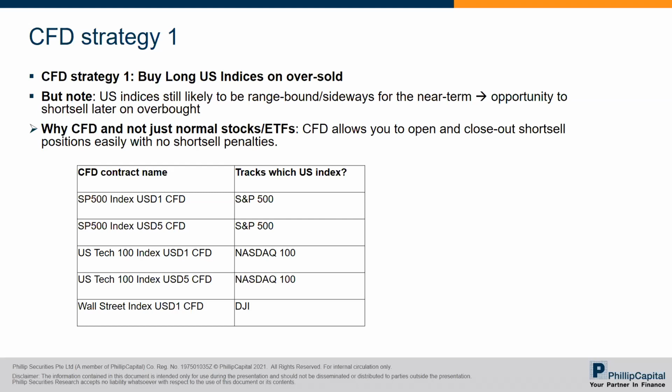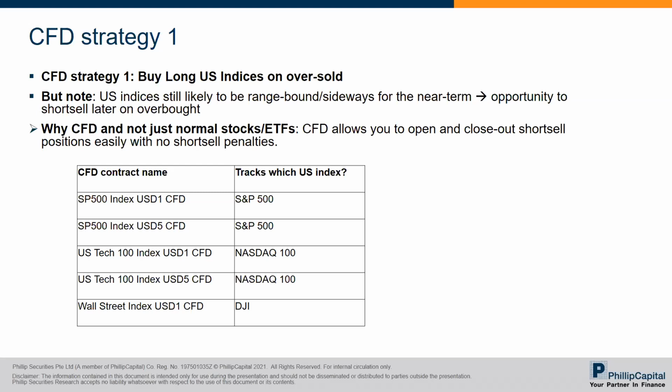The reason is that my personal view is that the US market is probably moving sideways for the near term, and it will be range bound. So in this market, you can do a buy trade if it's oversold, and then there will also be opportunity to short sell later when it's in an overbought condition.